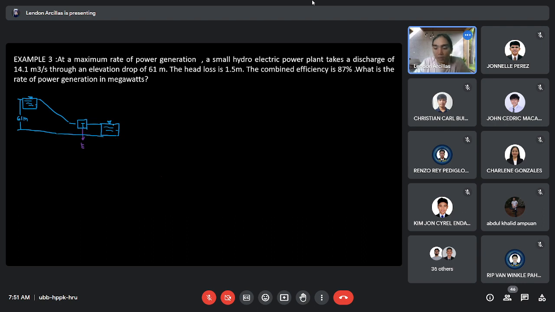Ito yung below. And additional information, if we say reservoir guys, so this is reservoir, open space or open large bodies of water, yung ating source ng energy flow, ang ating velocity dyan magiging 0 at point 1 at point 2, 0 din. Ang pressure naman dito is 0 and pressure dito is 0.